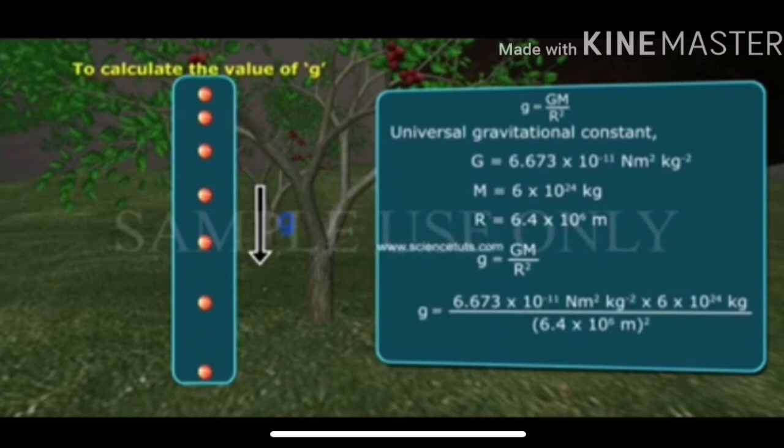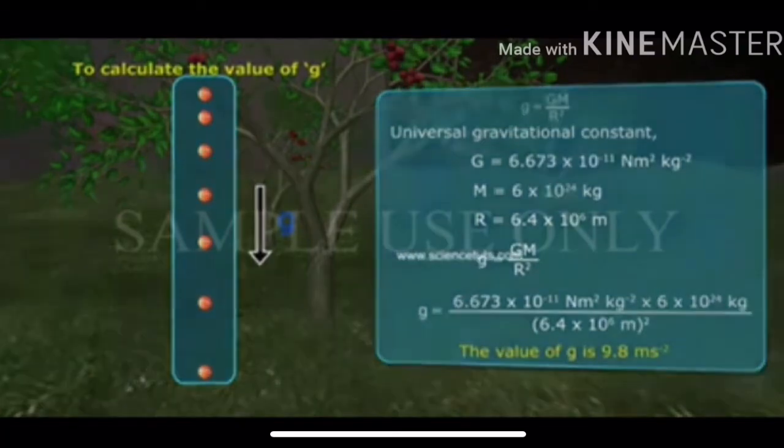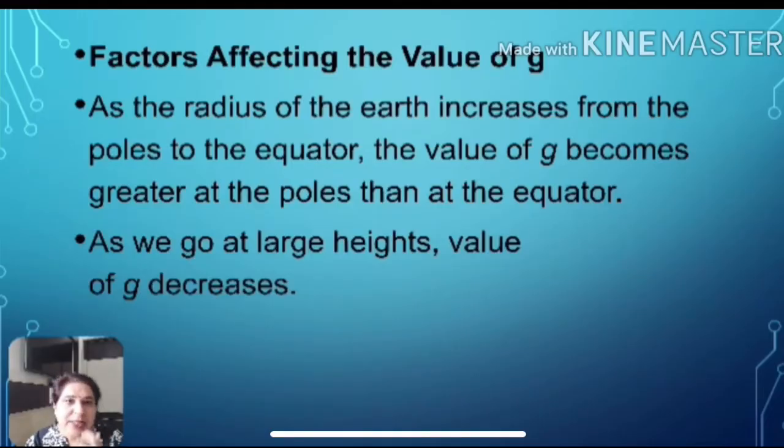The value of g is not constant everywhere. This value is near the surface of Earth at the pole. As we go from pole to equator, the value of g decreases. Here are some factors affecting the value of g. The radius of Earth increases from pole to equator, so the value of g is greater at the pole than at the equator.